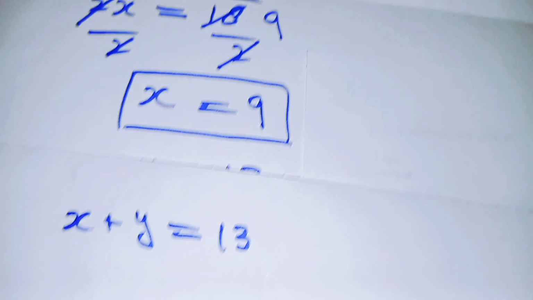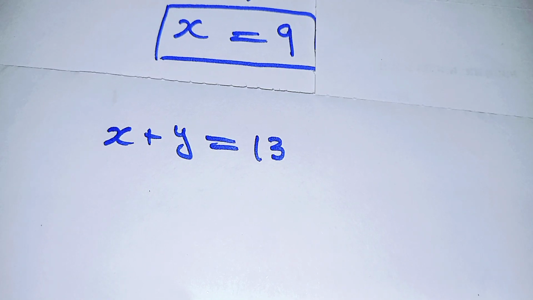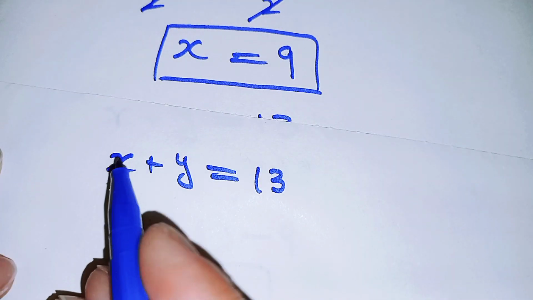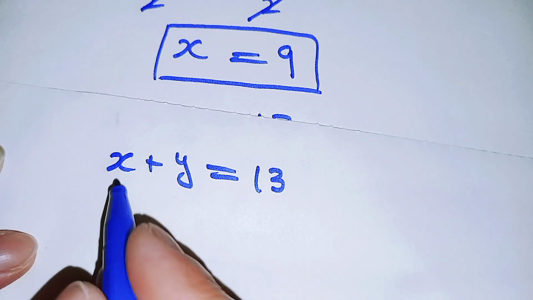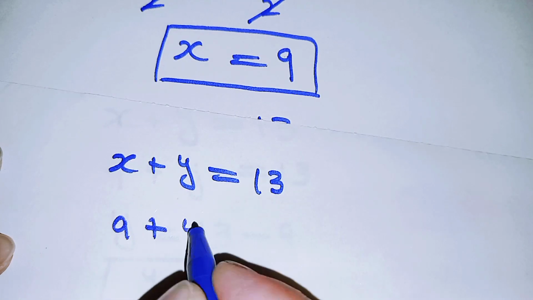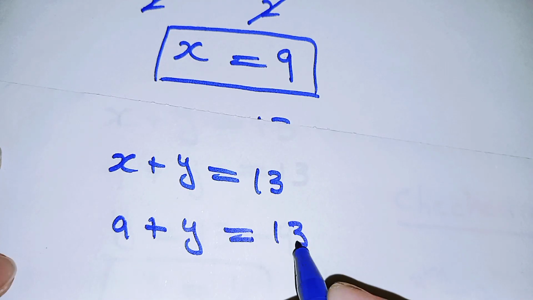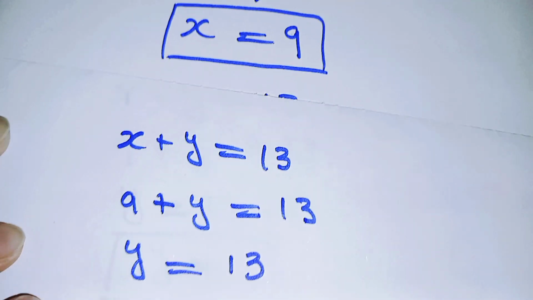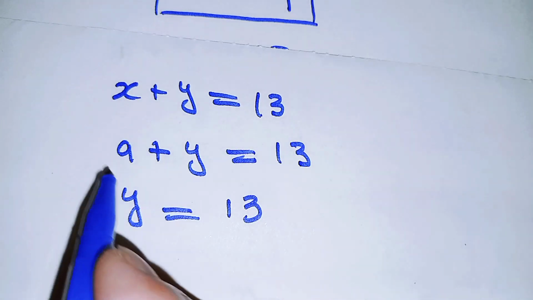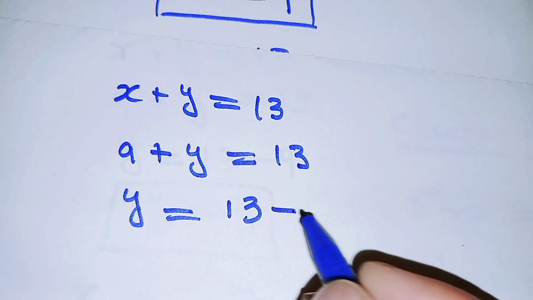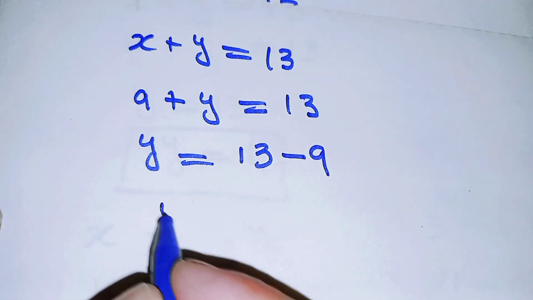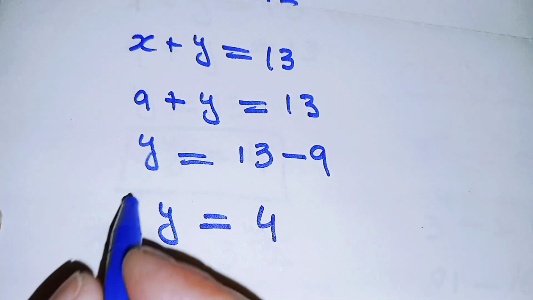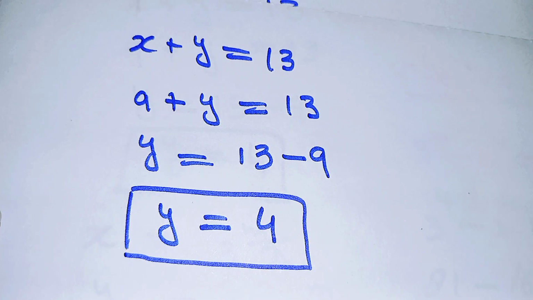Then y is equal to 13, and we move the 9 to the other side as minus 9, so y is equal to 13 minus 9, which is 4. So the value of y is equal to 4.